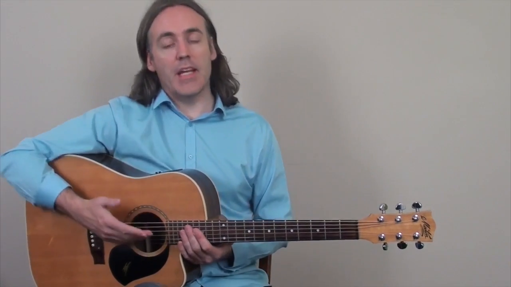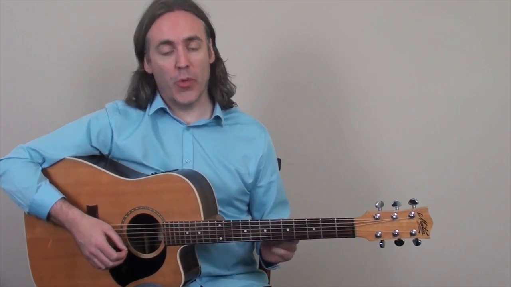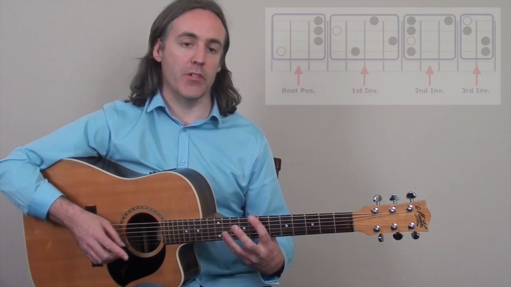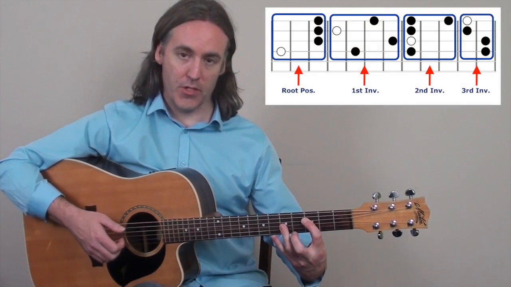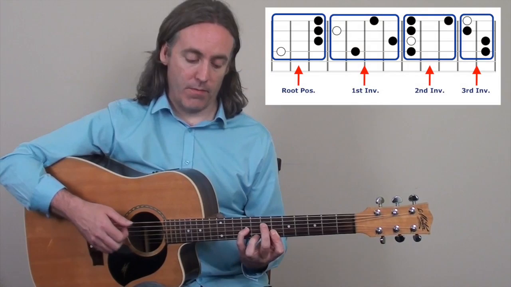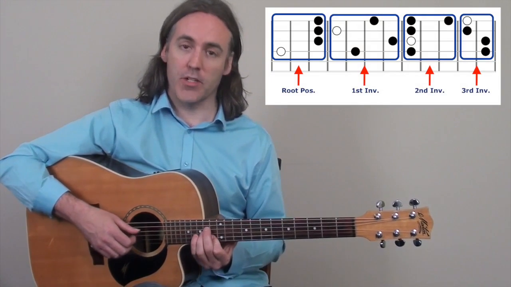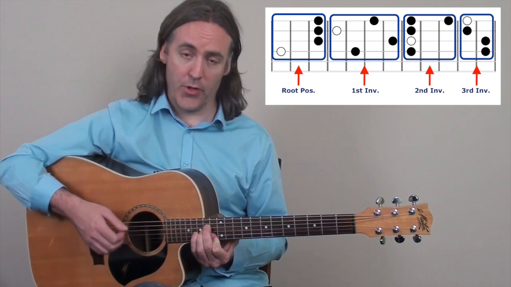Now, this is how you want to practice them. There are 2 ways. One is to play one chord type via the 4 positions: major 7th root position, first inversion, second inversion, third inversion.